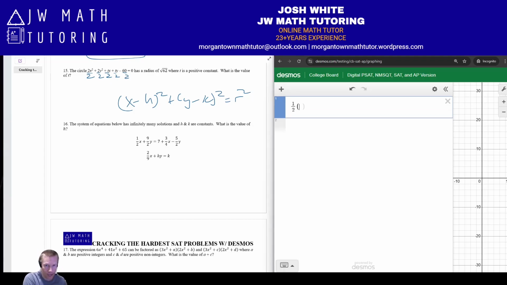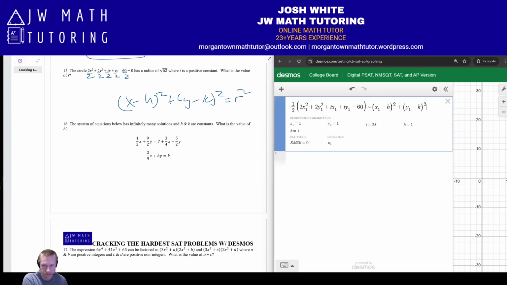So if you just want to do a 1/2 like this, and then you can do x1 squared plus y1 squared. Oh, actually, sorry. Then we would just type the original thing that you're given, plus t x1 plus t y1 minus 60. Okay, we are going to regress this to its standard form, which would be (x1 minus h) squared plus (y1 minus k) squared.